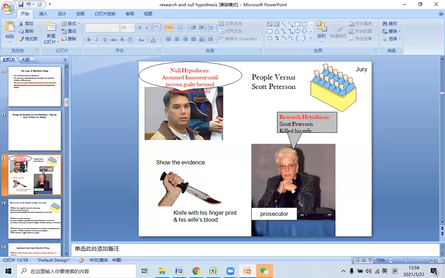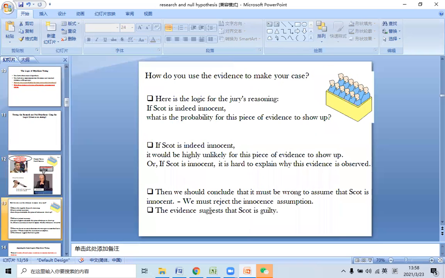This is also called the alternative hypothesis, alternative to the null hypothesis. We start with the null hypothesis, and the research hypothesis is the alternative. This is how we make legal decisions.